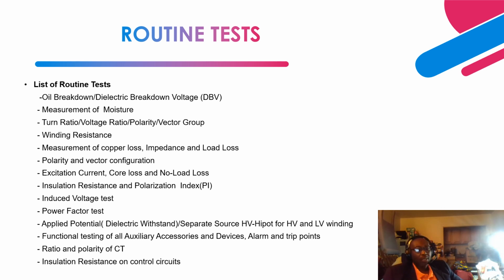In performing the insulation resistance test, you perform it at 15 seconds and 1 minute. Then after that, an increment of 1 minute up to the 10th minute. At the 10th minute, you utilize the 10-minute and the 1-minute readings to calculate the polarization index.